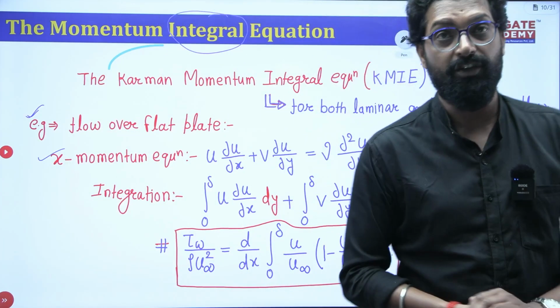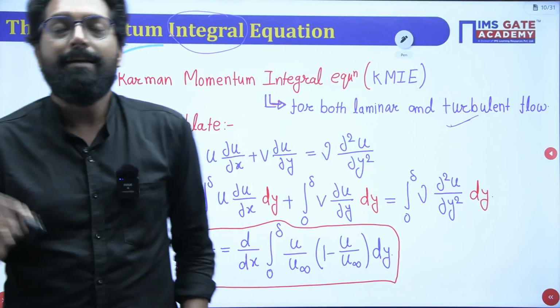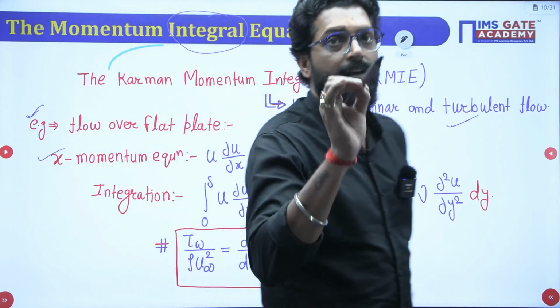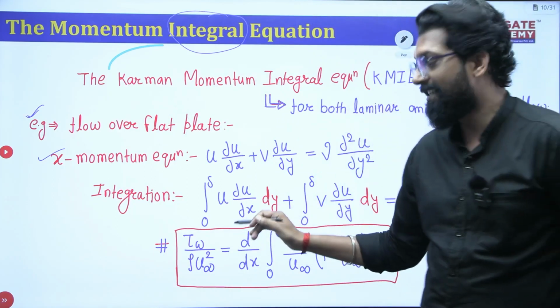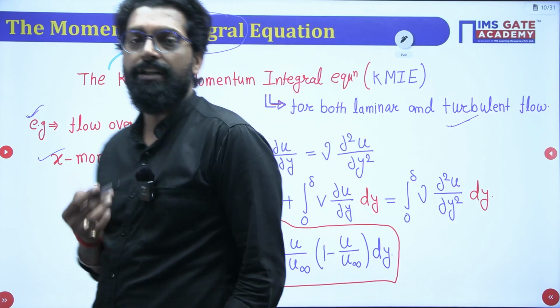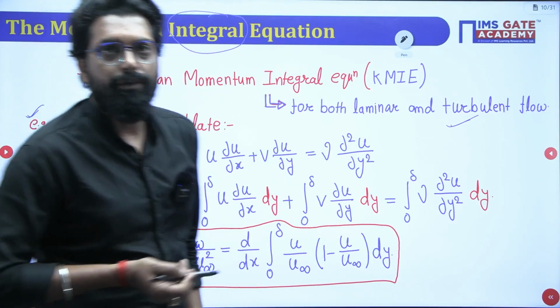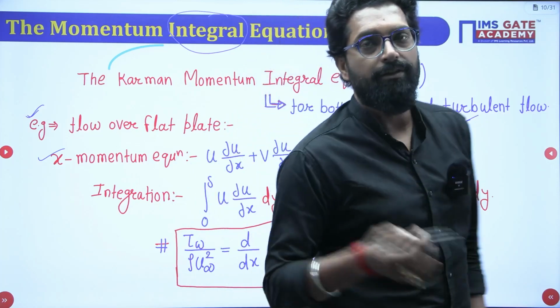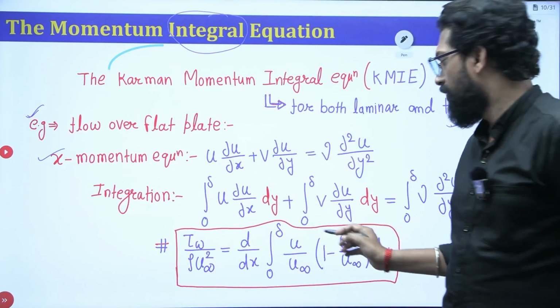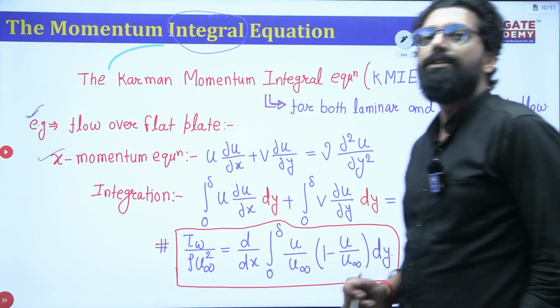Always remember this equation. The von Karman integral equation is wall shear stress divided by rho free stream velocity square is equal to d by dx integration 0 to delta u by free stream velocity into 1 minus u by u infinite dy, where u is the local velocity at any point within the boundary layer.